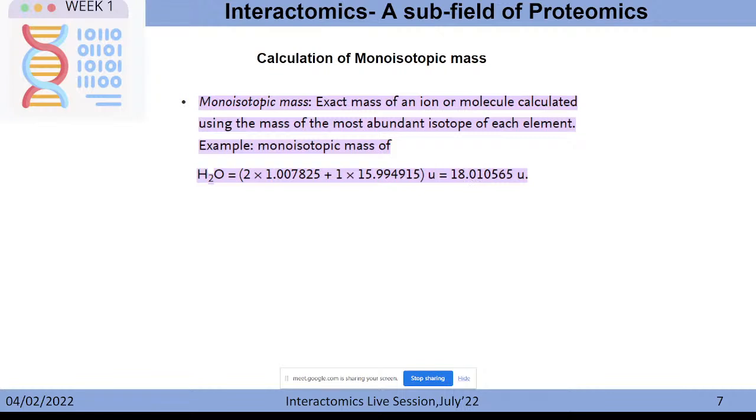Once you get the results in the form of ions and masses, you can understand why this is needed.